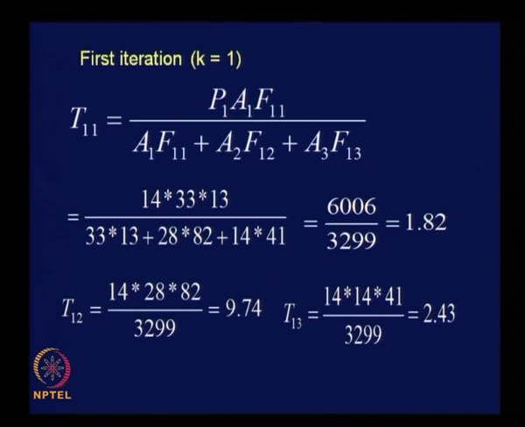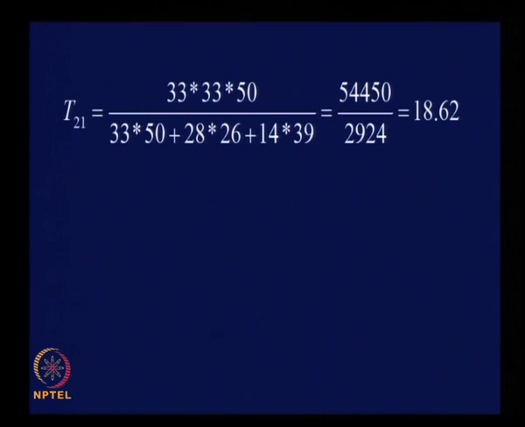Similarly, let us do the calculations for zone 2. T21 is 33 into 33 into 50. What does 33 stand for? 2-1 is nothing but Tij. Obviously, the first 33 stands for production in zone 2, and the next 33 stands for attraction in zone 1, and 50 is F21, the friction factor for travel between 2 and 1, right.